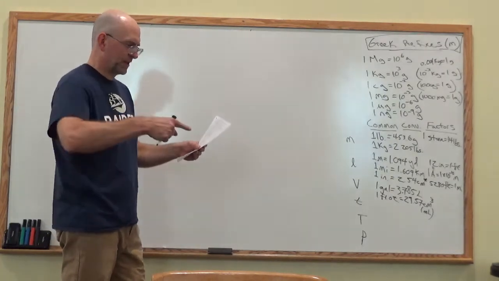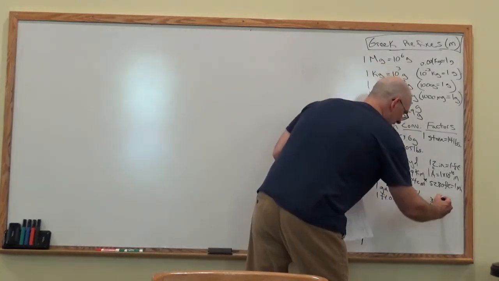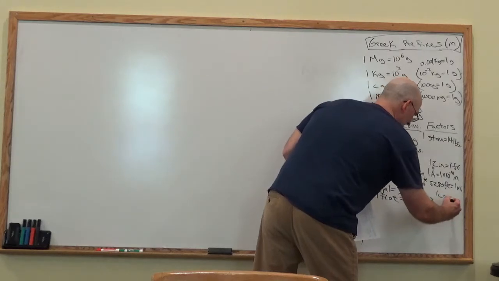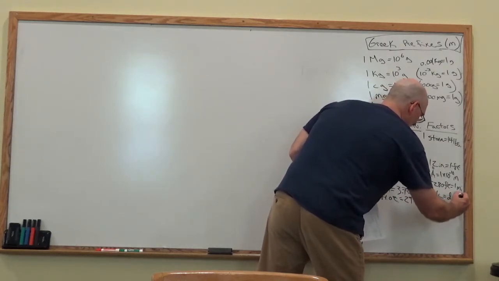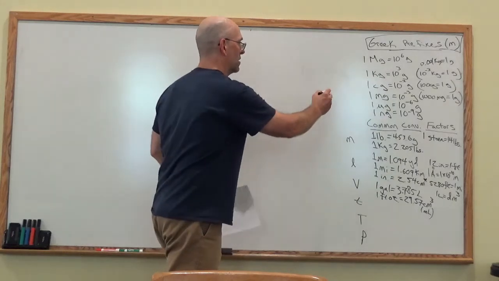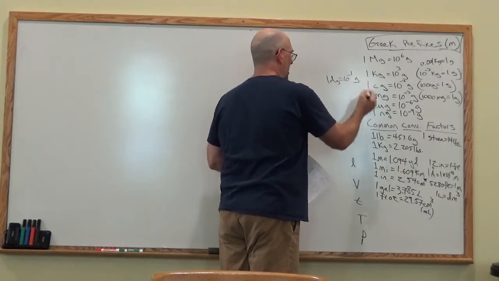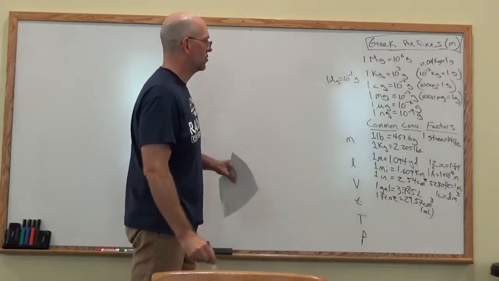So a cubic centimeter is a milliliter. That's a good one to know. This one comes up sometimes. A liter is actually the same thing as a cubic decimeter, which we didn't do deci up here. 1 decigram is 10 to the minus 1st grams. It's not a very useful unit in my view.